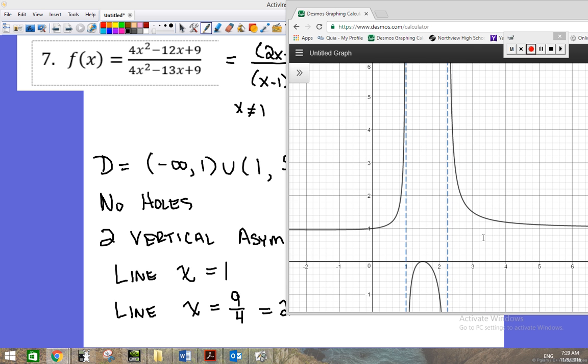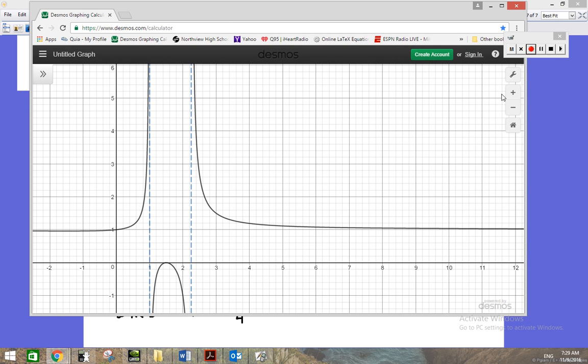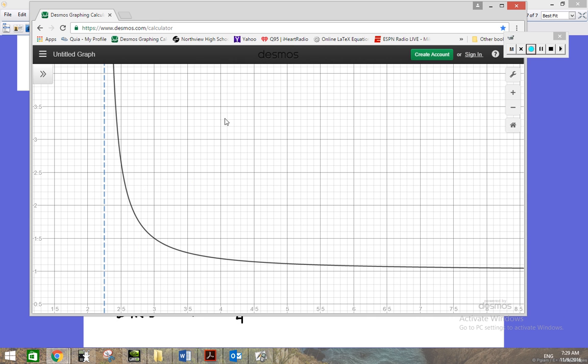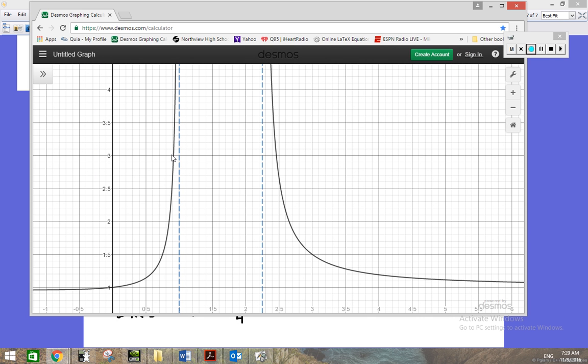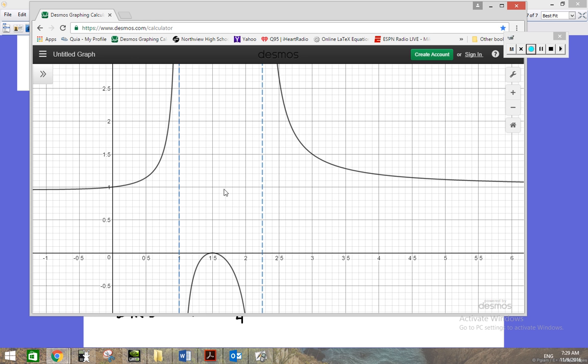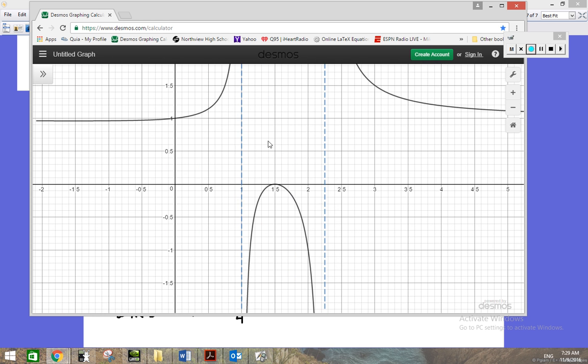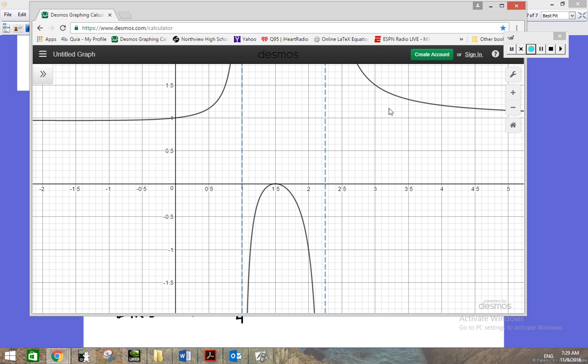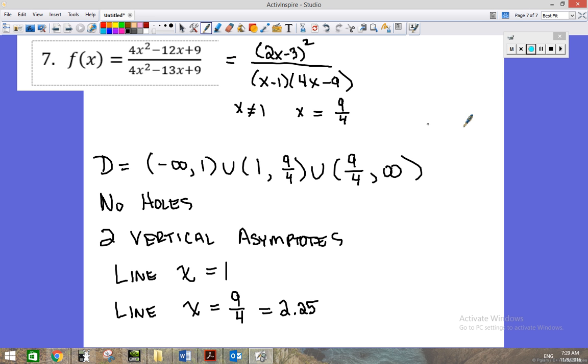And we verified that. If you zoom in, you can see that the graph never touches this vertical asymptote. Alright. I hope that helps, and I will talk to you later.